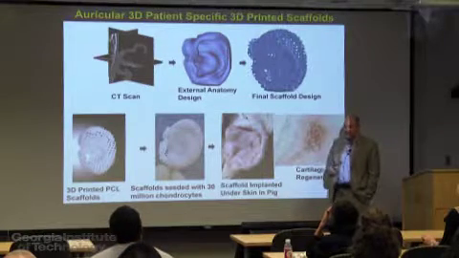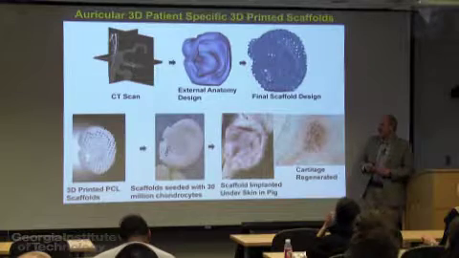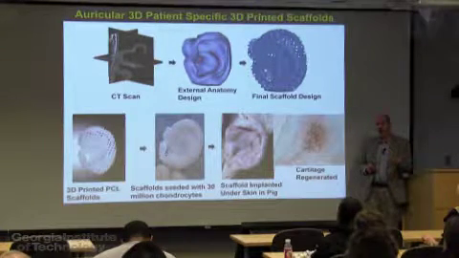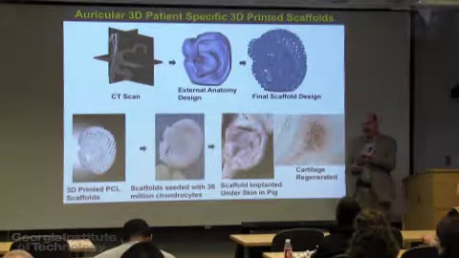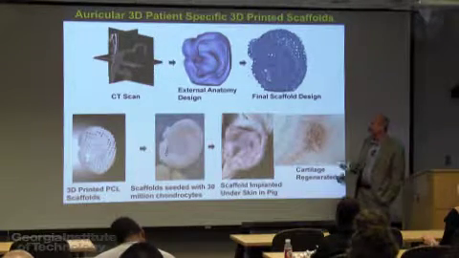Obviously, the advantage of this technique of using patient-specific data, designing complex structures, extending those to porous structures for scaffolds, is very nice for complex structures like ear reconstruction or nose reconstruction.